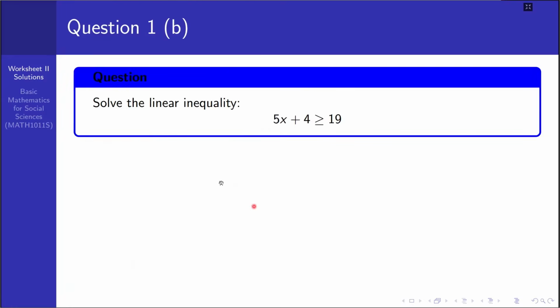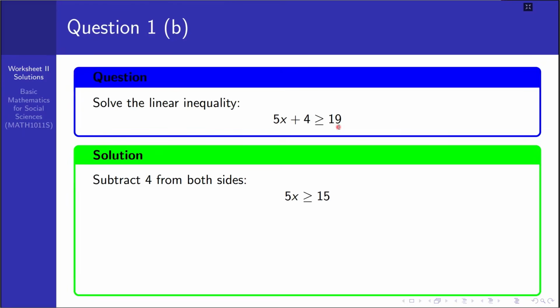Next question. Solve the linear inequality again, 5x plus 4 greater than or equal to 19. Again, in order to solve this inequality, we use the addition and the product or simply quotient property. If we subtract 4 from both sides of this inequality, we have 5x plus 4 minus 4 is 5x, and 19 minus 4 is 15, so that we have 5x greater than or equal to 15.